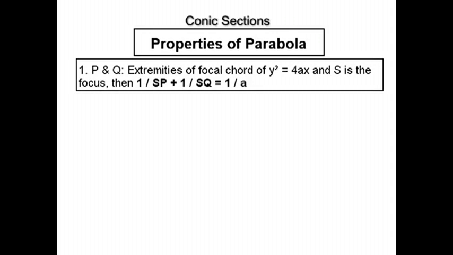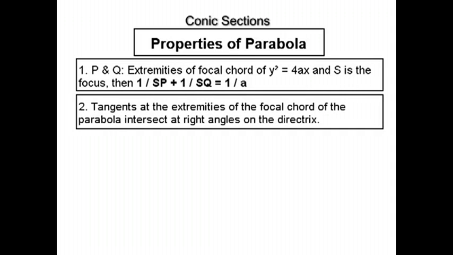Properties of a parabola. Number 1. If P and Q are extremities of the focal chord of parabola y² = 4ax and S is the focus, then 1/SP + 1/SQ = 1/a.